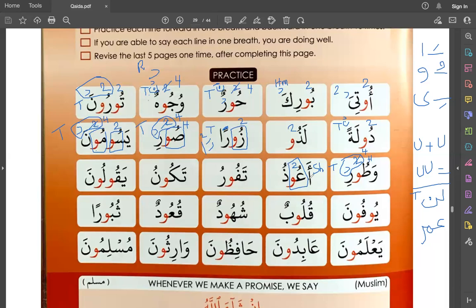Du, ru, du. Now, how will you stop? You will give sukoon at the end. So dal with sukoon will get the sifa of rakhawa. So the sound shouldn't stop. The sound should flow.